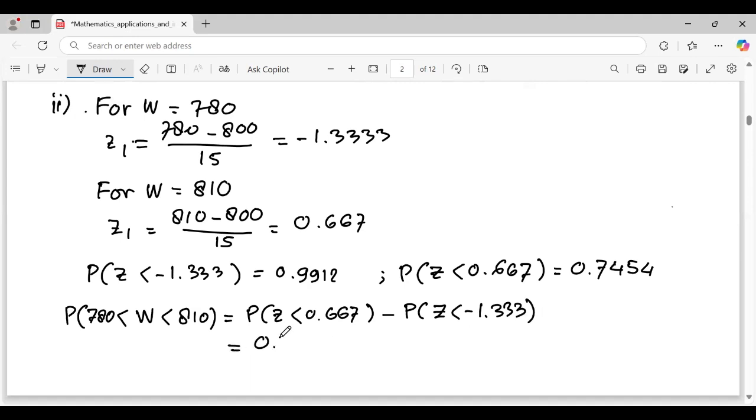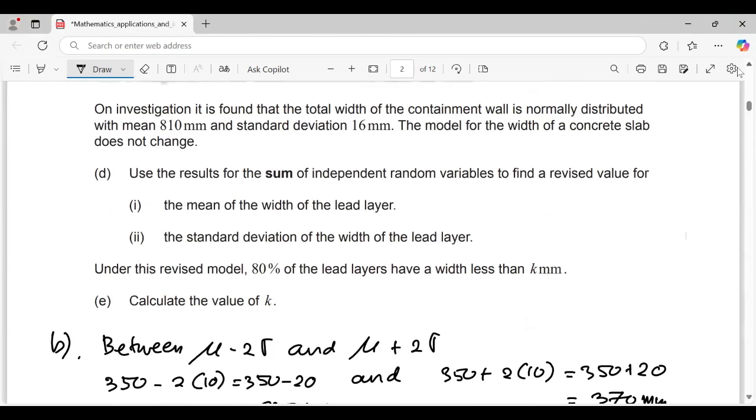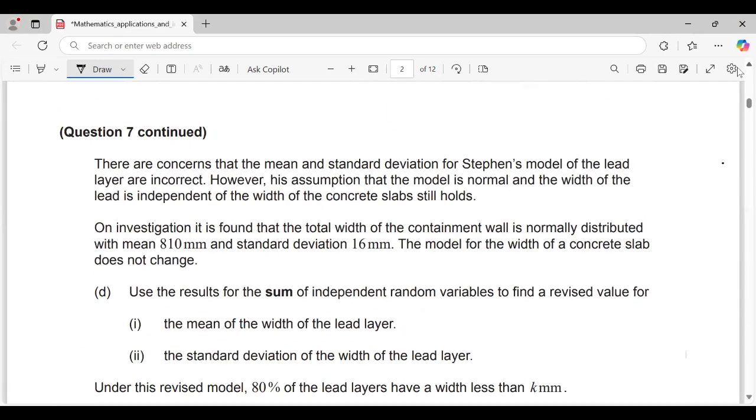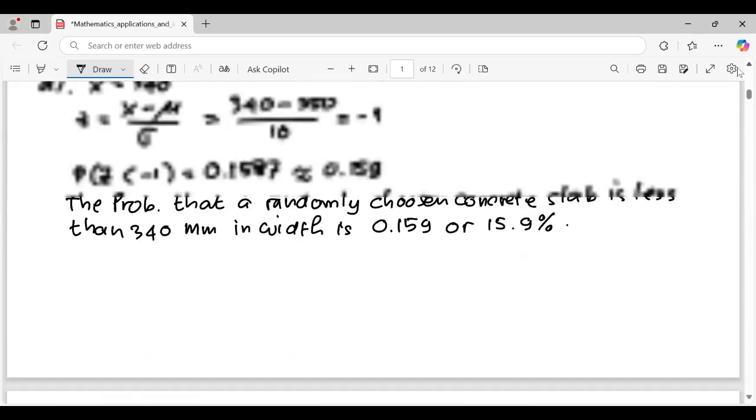So it becomes 0.7454 minus 0.9912, and the result is 0.6542. So, okay, next we are going to move to part D. This part D. C already.